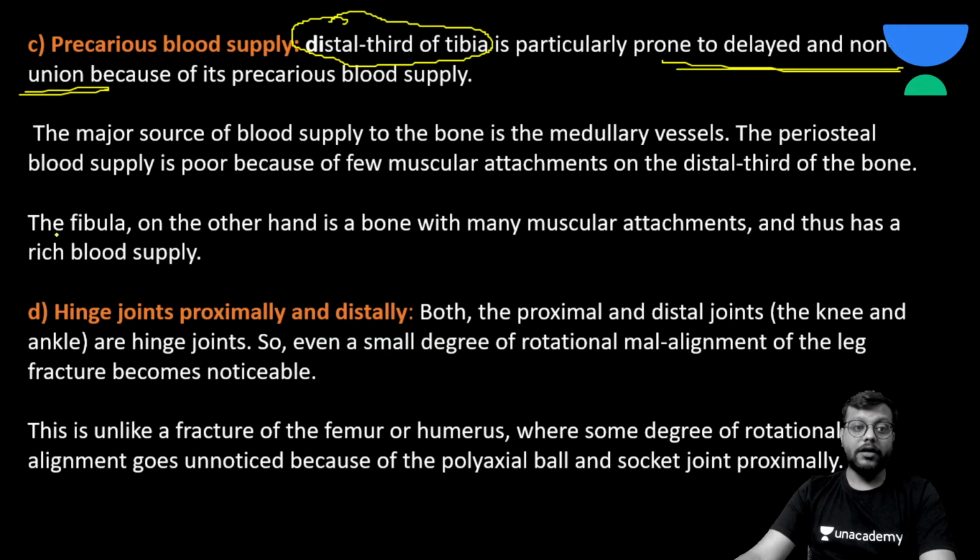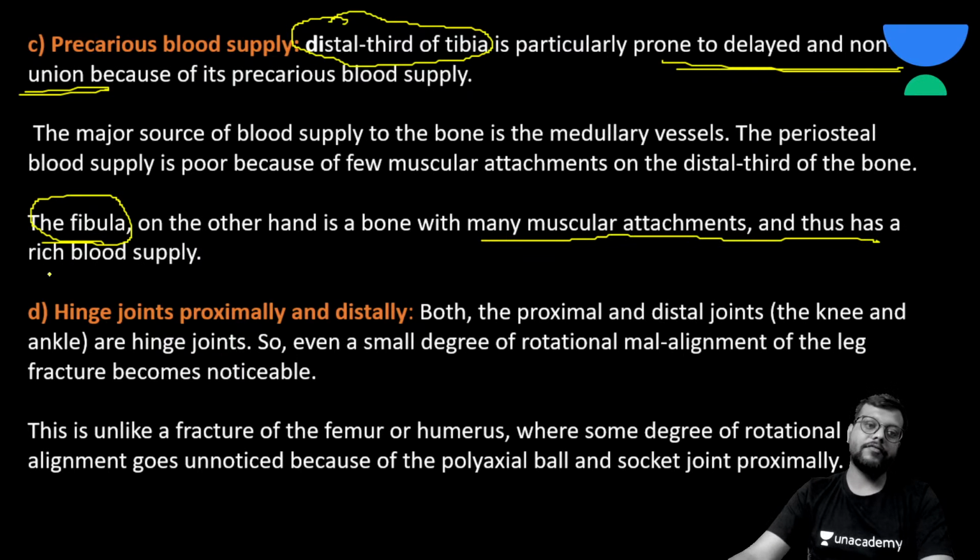But as we have discussed earlier, the fibula, as opposed to it, has many muscular attachments, and thus it has a rich blood supply. Another precarious and important thing is that there are hinge joints both proximally and distally, the knee and the ankle.